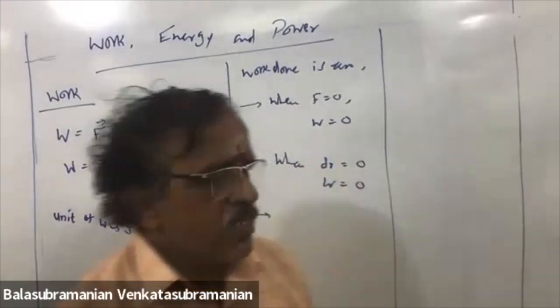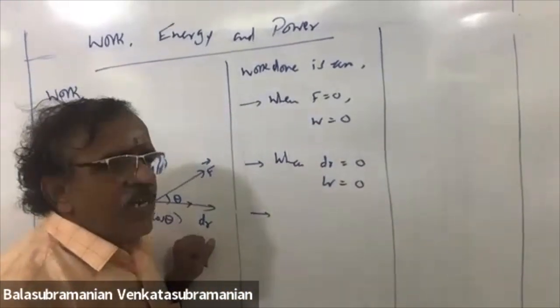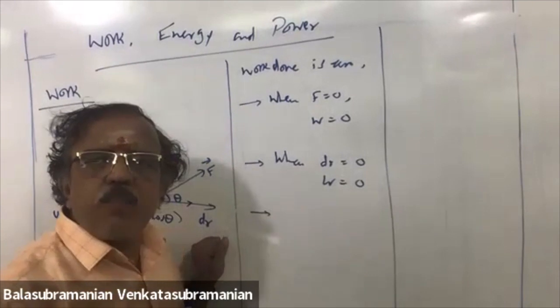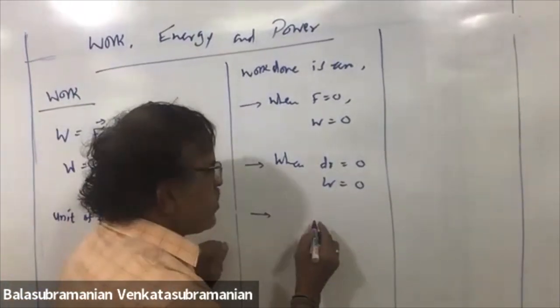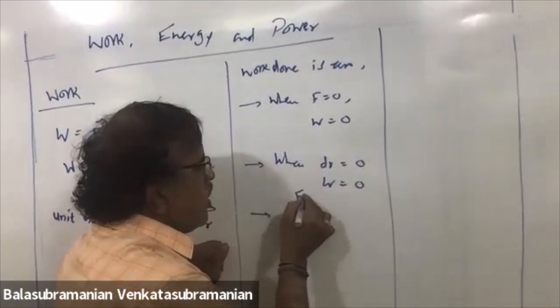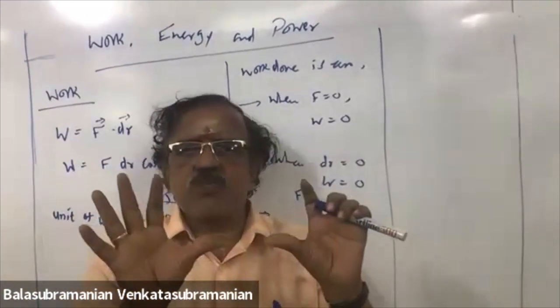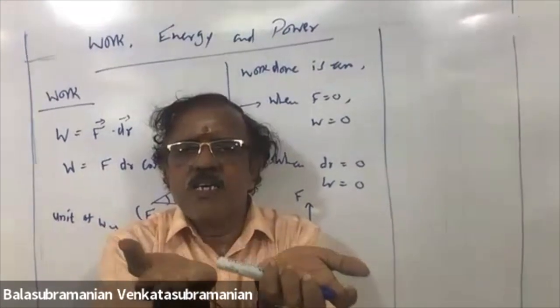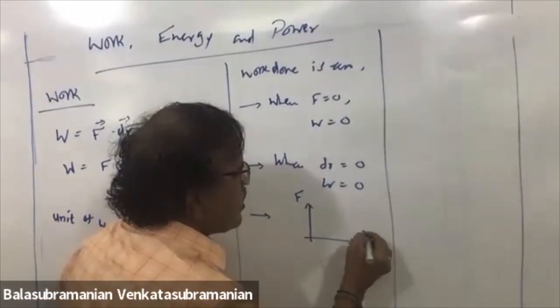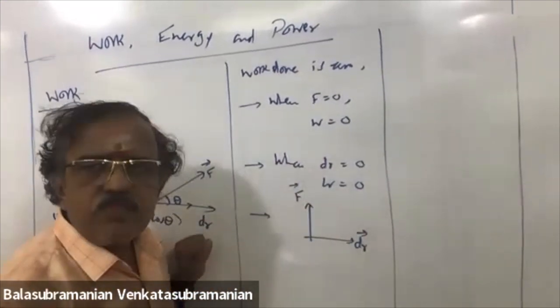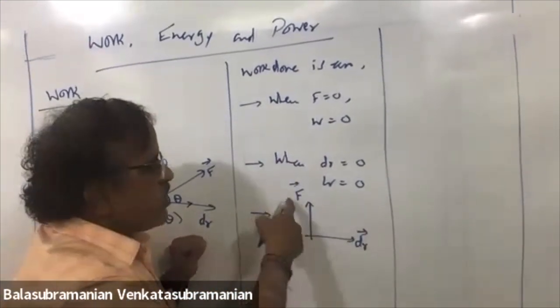Third case, when F and dr are perpendicular to each other. Perpendicular means, suppose a person is carrying a box on his head or in the hand and he is moving in the forward direction, that is the displacement.